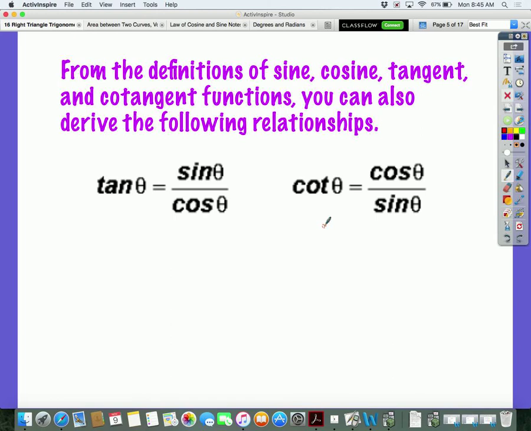So from the definitions of sine, cosine, and tangent and cotangent, you can also derive the following relationships. Tangent of theta equals the sine of theta over the cosine of theta. And cotangent, which again is the reciprocal of tangent, is basically that flipped: cosine theta over sine theta.